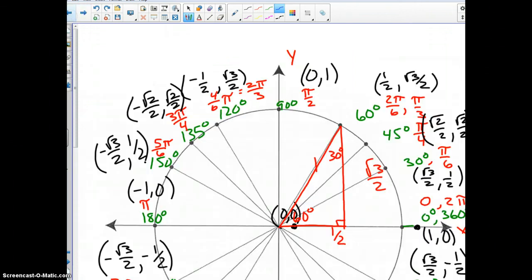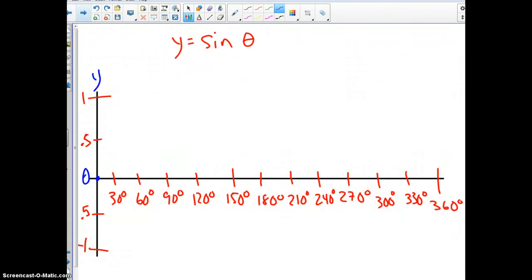All right, now we go back to the second one. We're going to do 60 degrees. So 60 degrees, we're looking at the y coordinate, which is the square root of 3 over 2. Now if you have a calculator handy, you can take the square root of 3 and divide it by 2, and you come up with like 0.866 and so forth. So on our graph, we can go over, whoops, I skipped 30.